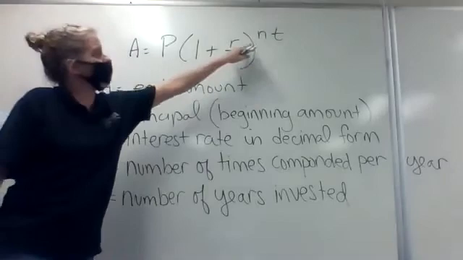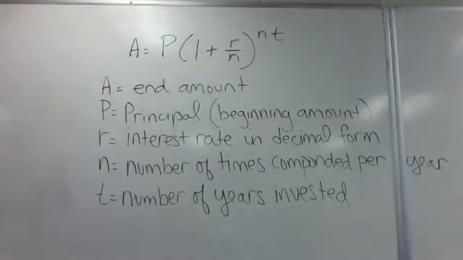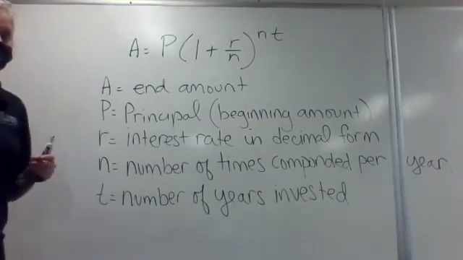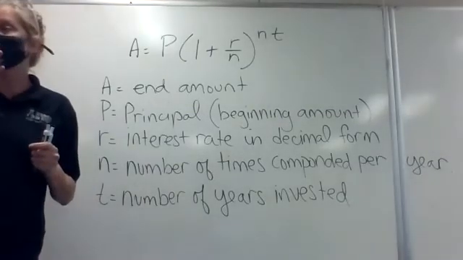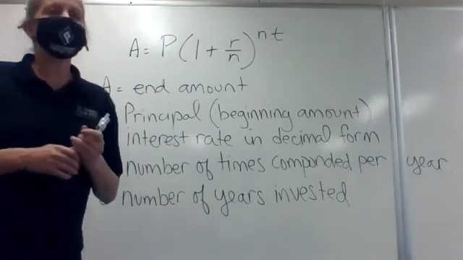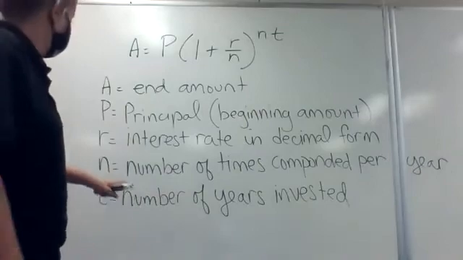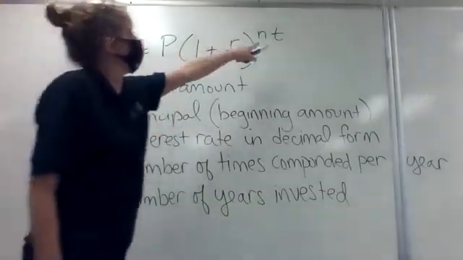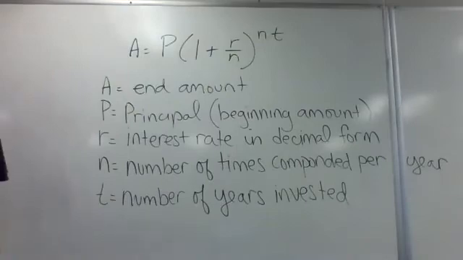The n is the number of times the investment's compounded per year. So if it's compounded quarterly, that would mean 4 times a year. If it's compounded semi-annually, that would mean twice a year. Okay. The t is the number of years that your investment has been invested.